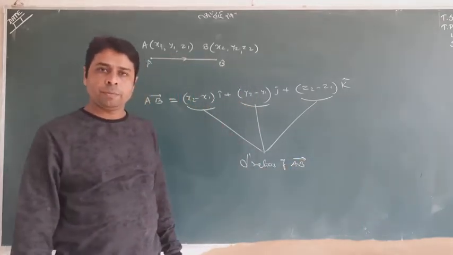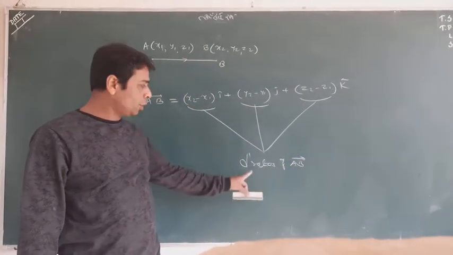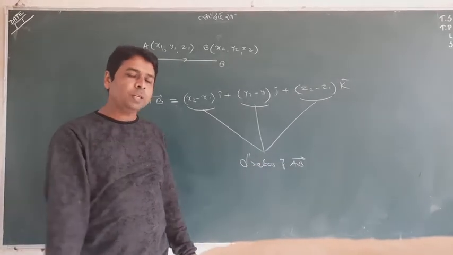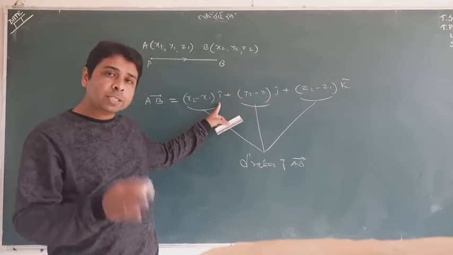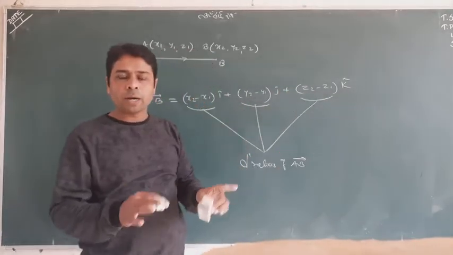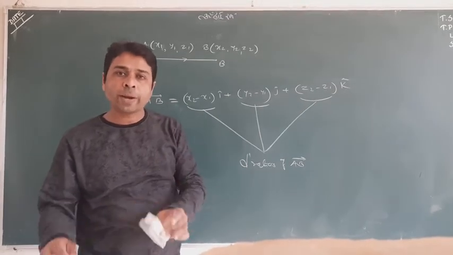AB is a vector, but its direction ratios will be found here. Can you conclude it now? The coefficients of i, j and k are always the direction ratios of that vector.